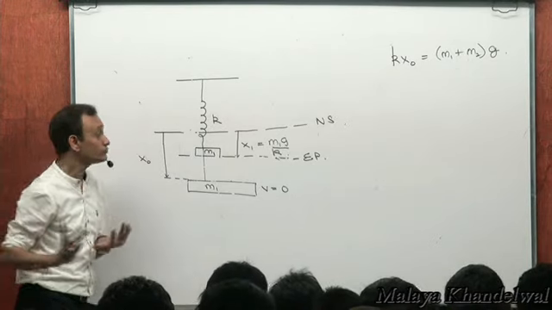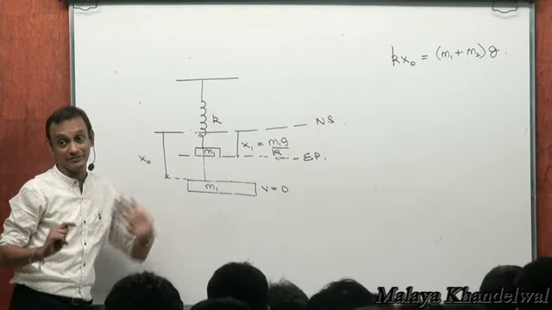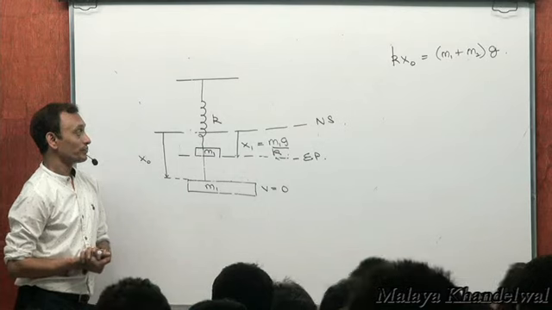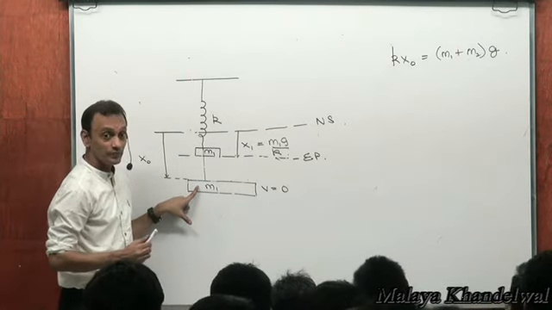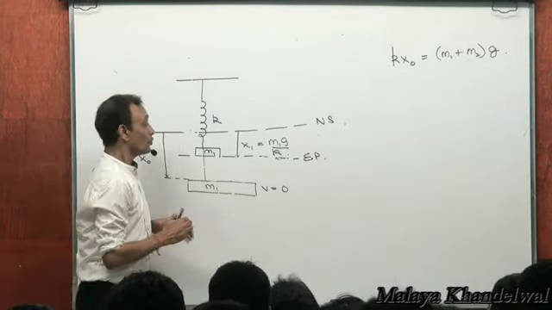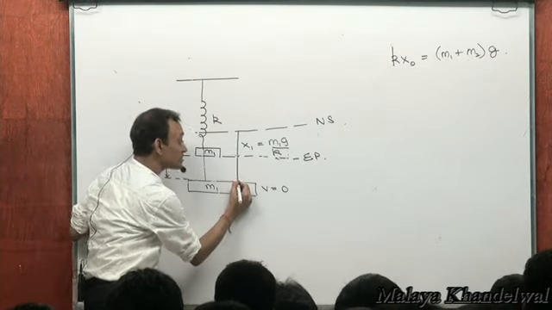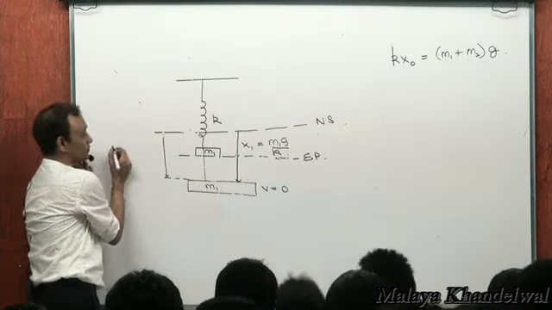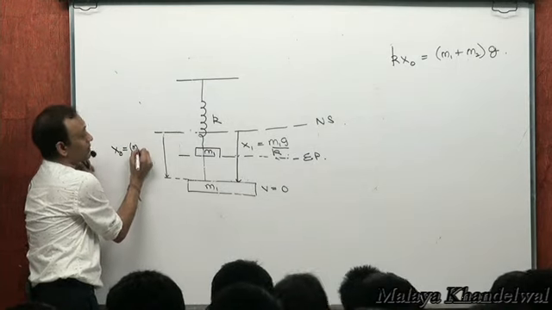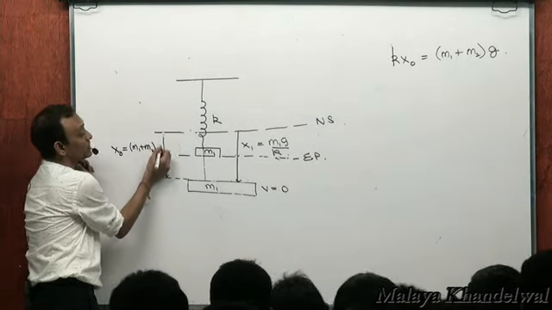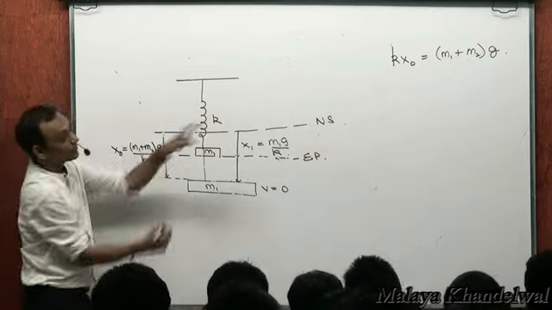Right? This is the equilibrium position for m1. See, this entire length x naught was (m1 + m2) g by k. Yes or no?